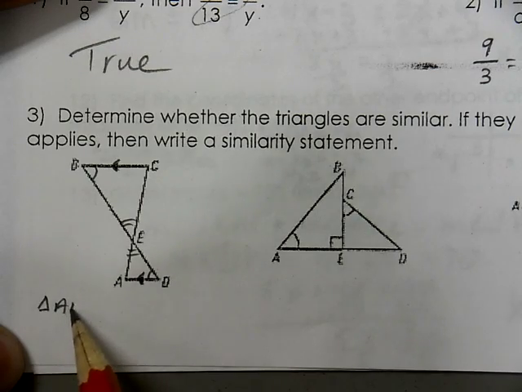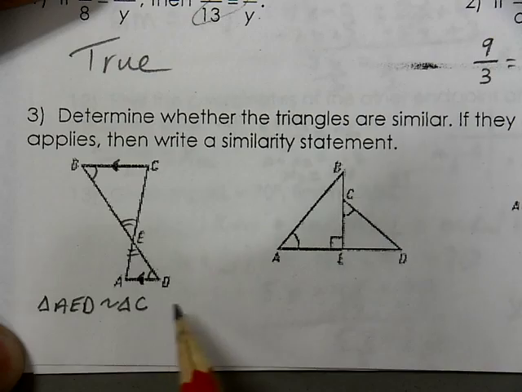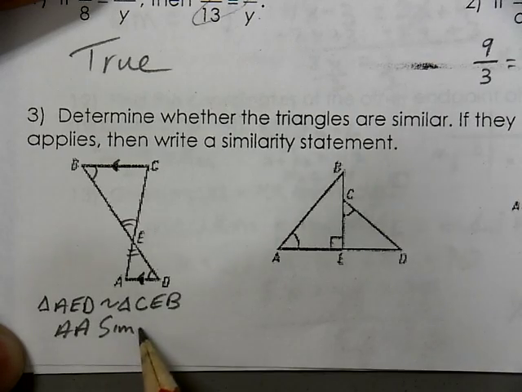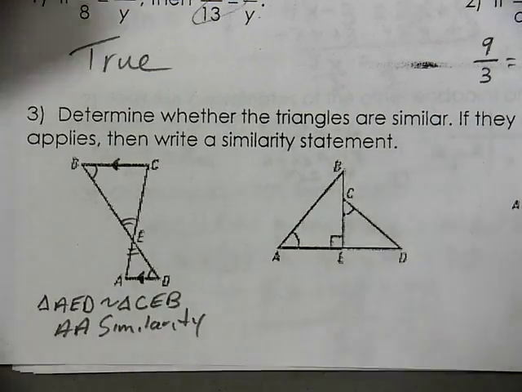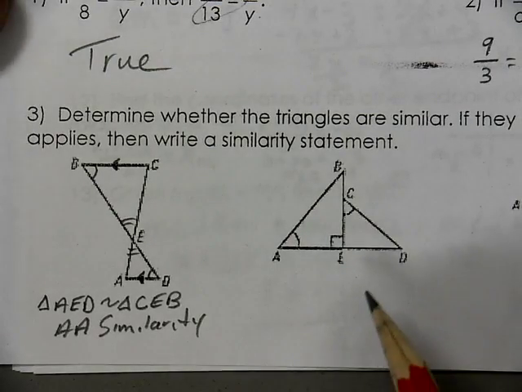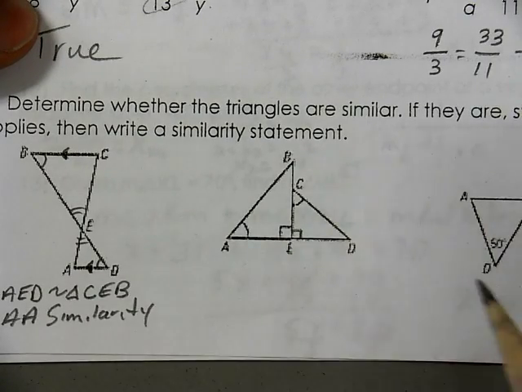We have triangle AED similar to triangle CEB, and that was by angle-angle similarity. We look here at the next one. If it's 90 on one side, then it's 90 on the other.